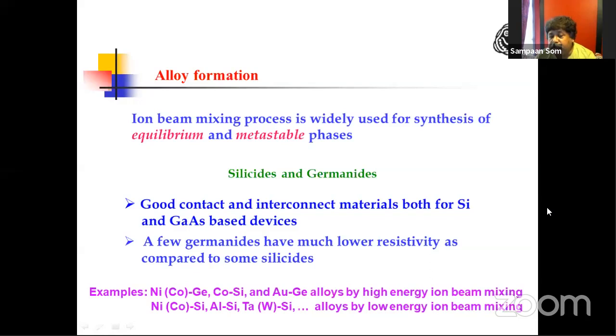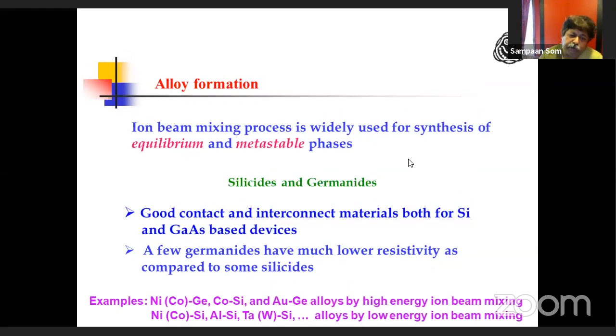What happens is, if there is a thin film or some nanomaterials deposited on a substrate material, and energetic ion bombardment takes place, which passes through the film inside the target material, basically the substrate, then under ion bombardment, there could be the formation of metastable phases as well as equilibrium phases.